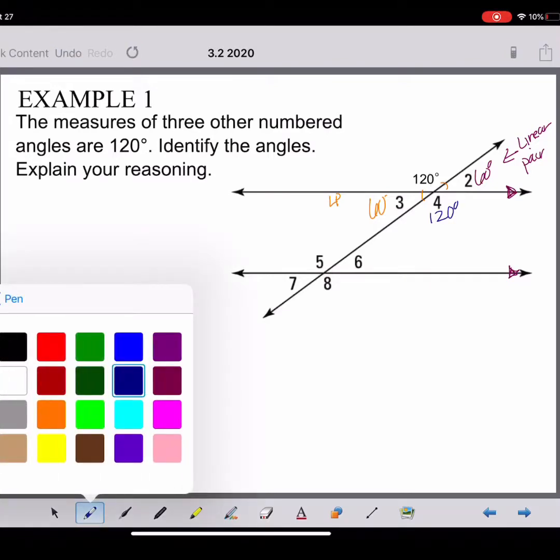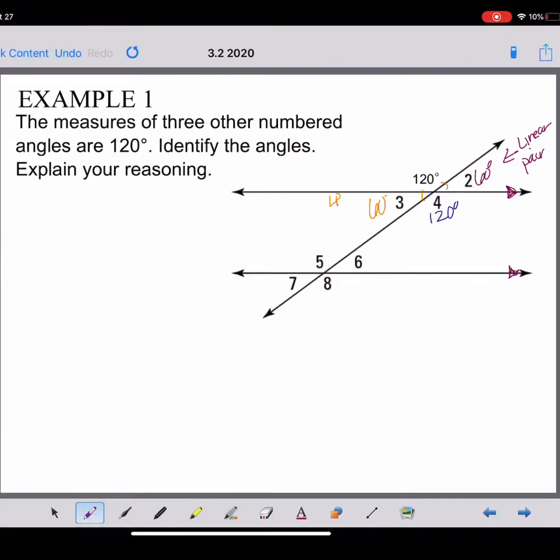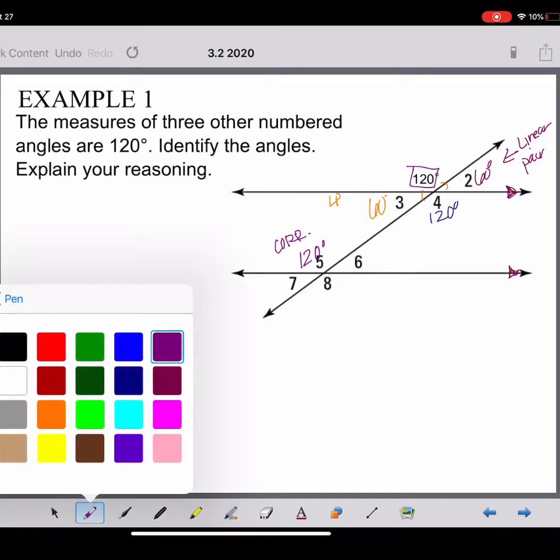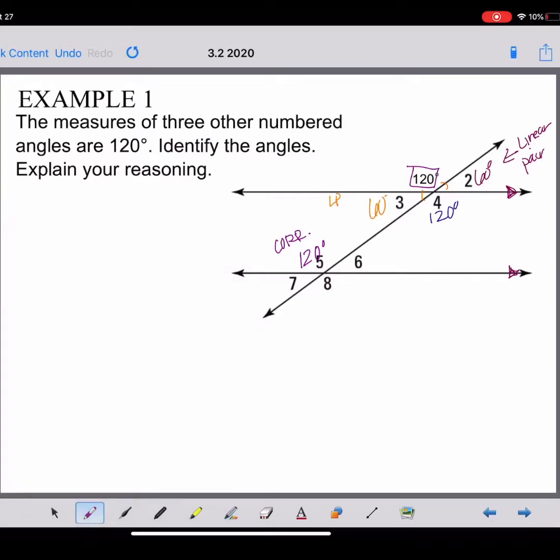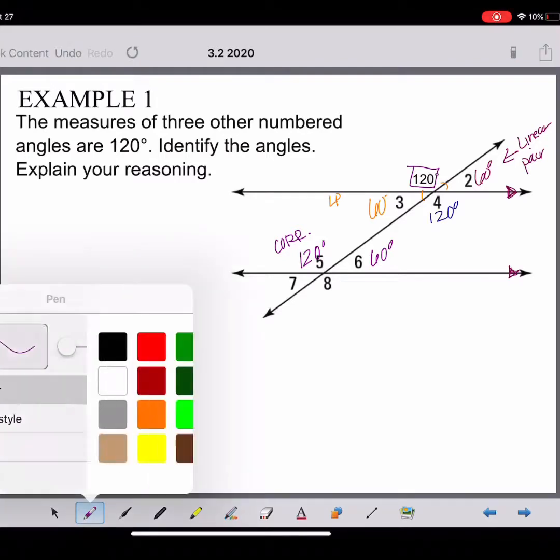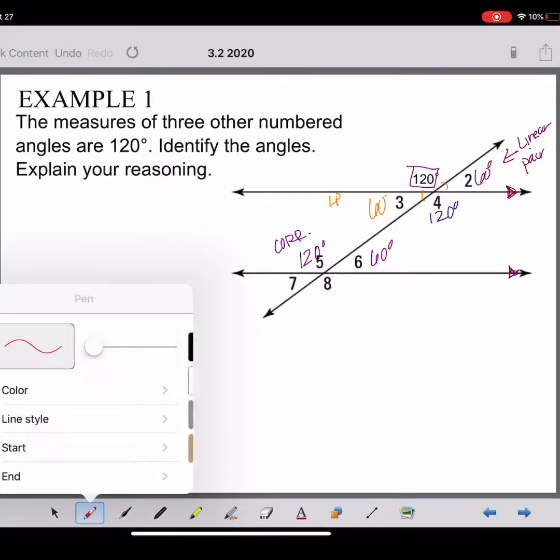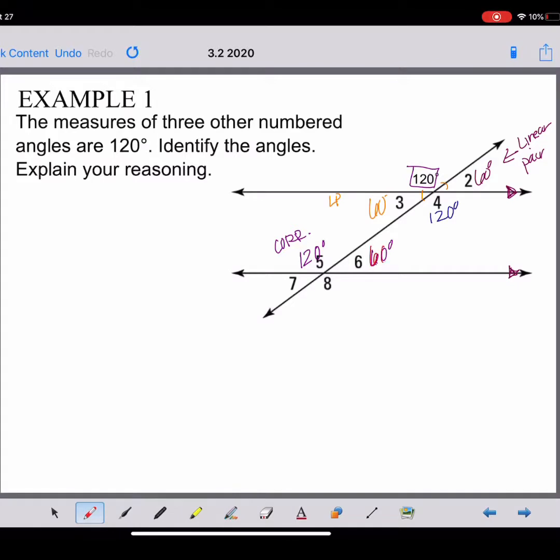Now here comes our new reasons. Angle 5 is 120 degrees. I know that it's 120 degrees because it is corresponding to our original 120, and corresponding angles are congruent. Angle 6 is 60 degrees because it is a linear pair with angle 5.